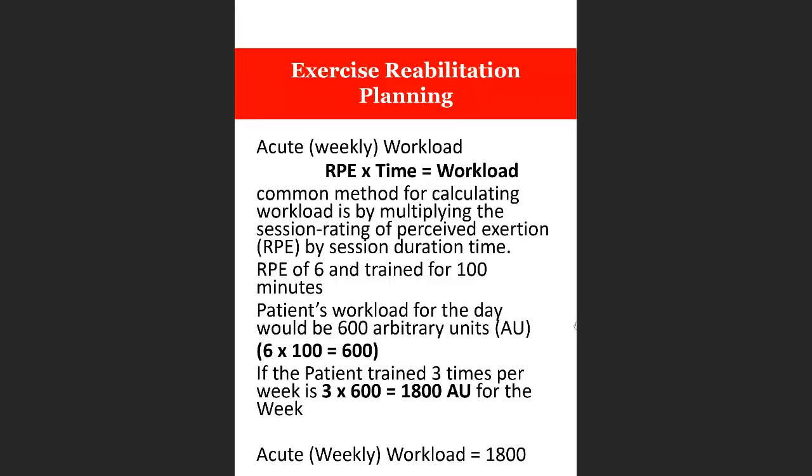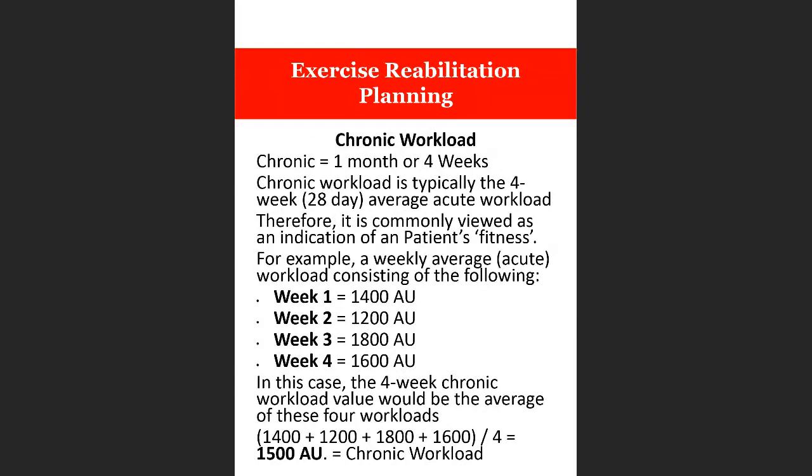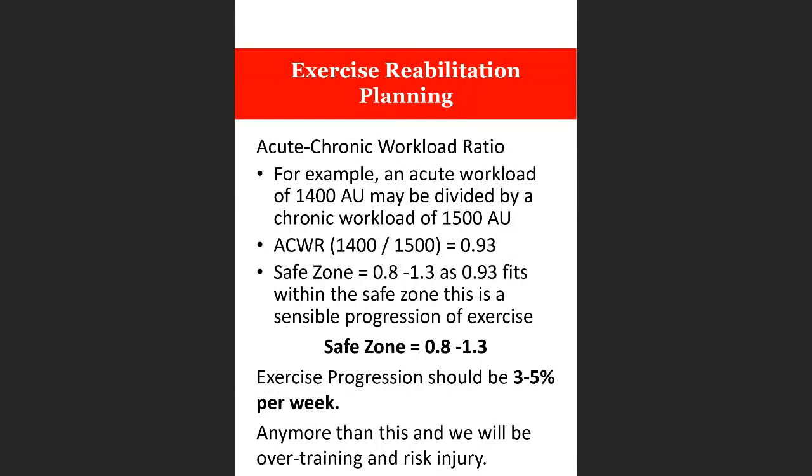That will be our acute or our weekly workload, and then we can compare that to our chronic workload, which is basically 4 weeks worth of that, and then we take an average of what we've been doing. So you can then have your weekly workload and your monthly workload, and you can compare the two, and this is what we call the acute chronic workload ratio.